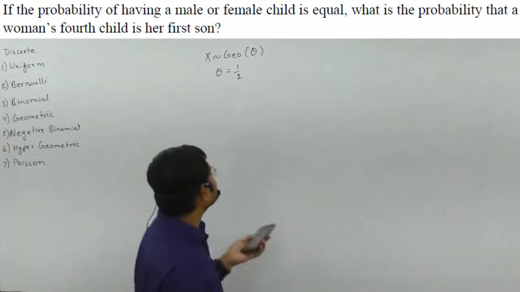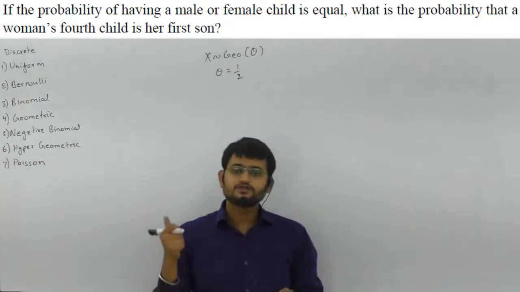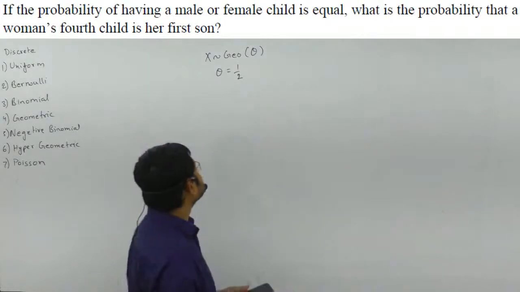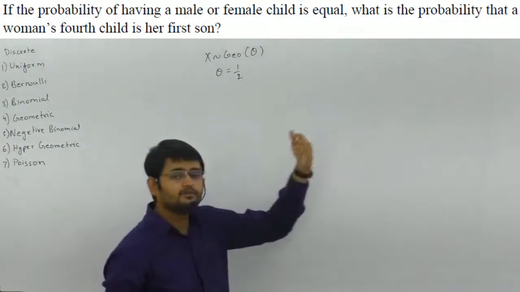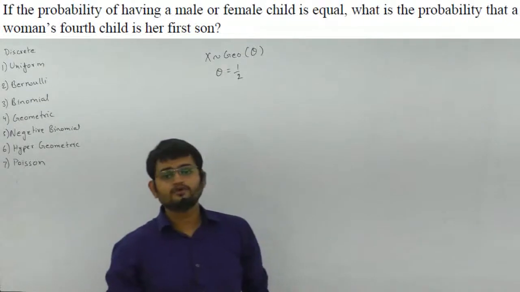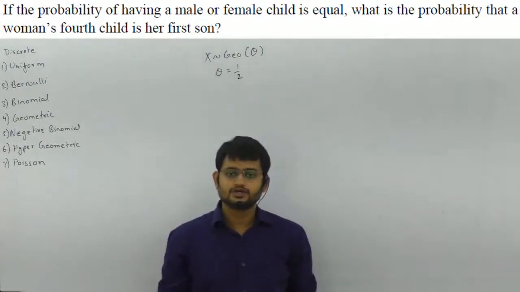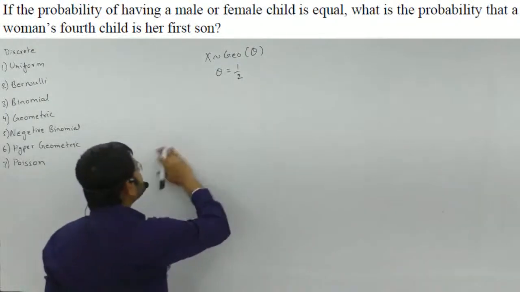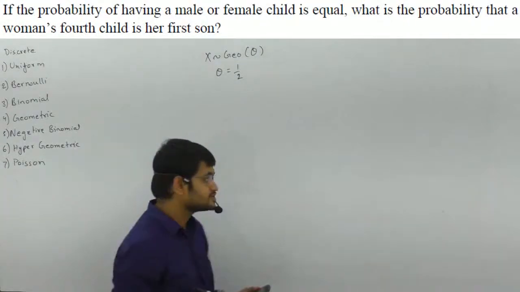Now how to recognize whether it is a geometric distribution sum or not? Simply, they have given us the probability of success, and secondly, they are asking us which trial is our first success. How many trials there can be has not been given. That means how many children that woman can have or will have is not mentioned. So it does not matter how many children that woman has. The only thing that matters is that her 4th child is her first son.